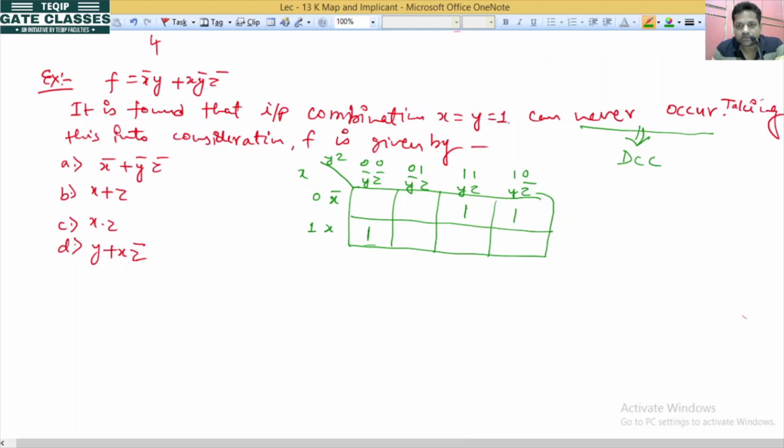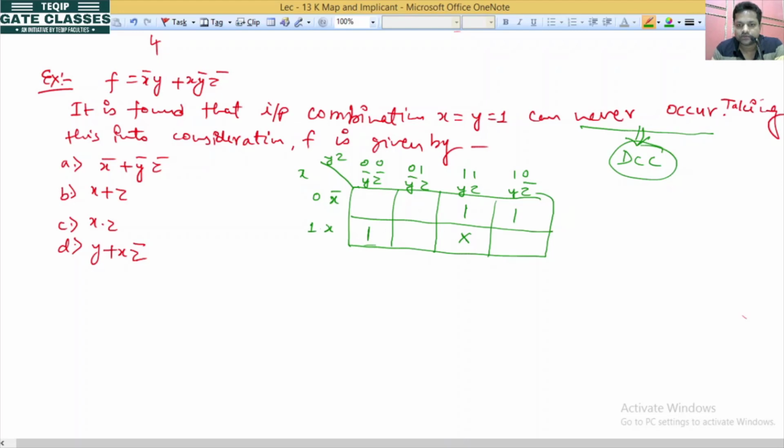So whenever x equal to y equal to 1, means both are 1, x1 and y1. So x1 means x, y1 means y. So x1 here, y1 is here. So this will be the don't care condition, because it can never occur. This tells us whenever x and y are equal to 1, then we place don't care in those places.